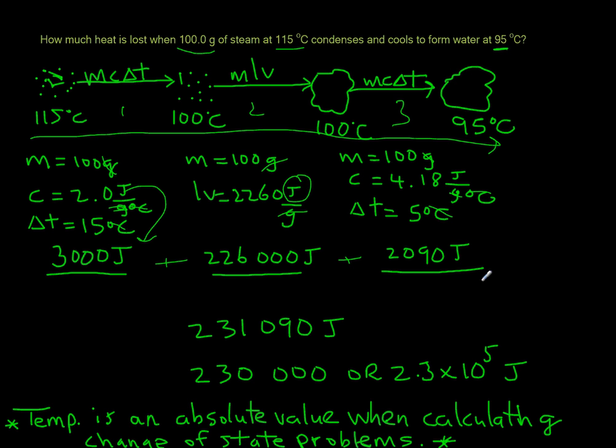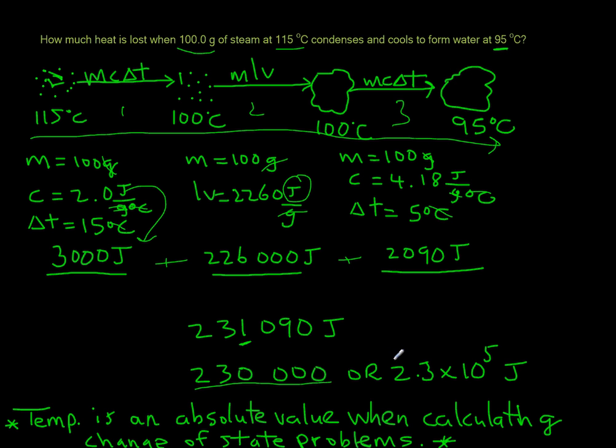So our answer should be expressed using 2 significant digits, and when you take 231,090 joules and express it using 2 significant digits, it would look like 230,000 joules. 1, 2, and then you're looking here. That's lower than 5, so we're going to simply round this to 0.